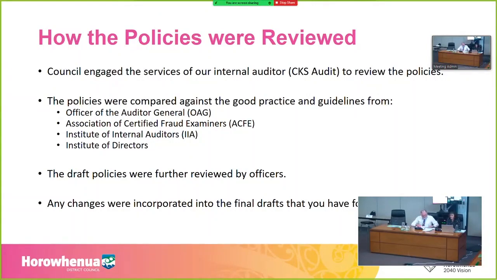Once again, just to give you some understanding of how we've done this process. So Council engaged the services of our internal auditor, CKS Audit, to review the policies. And what they did is the policies were compared against the good practice guidelines that are issued from all these organisations.